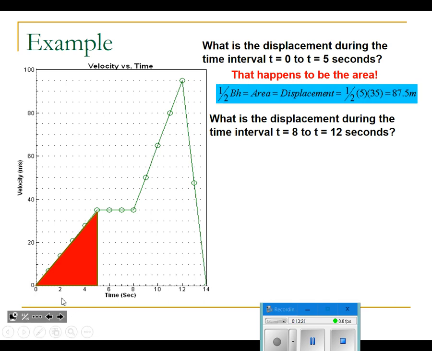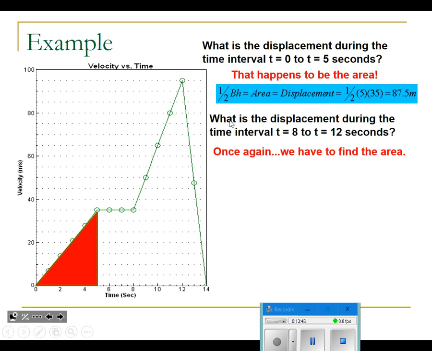So 1/2 times 5 times 35 would tell me that I've got a displacement of 87.5 meters. So if I wanted to ask how far I went in the first 5 seconds, I can tell that from this graph too. I could also say how fast I was accelerating at this time too.